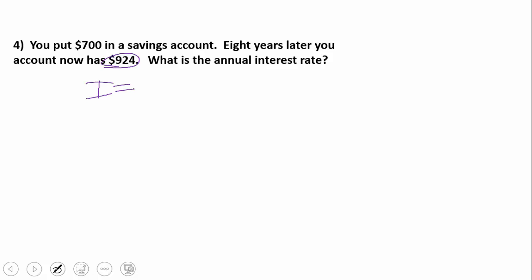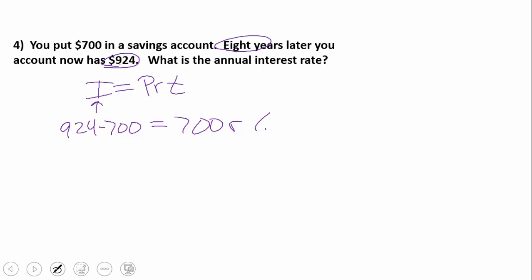Again, I PRT says interest equals principal rate and time. We got to find the interest. So the interest right here, that's 924 minus the 700. What does that equal to? That equals the principal. Well, I put 700 bucks in. My interest rate R, and my time, 8 years.